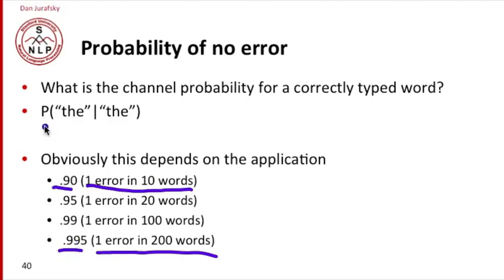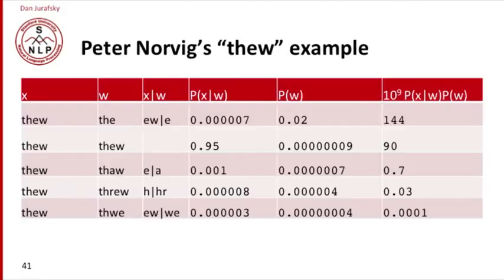So there's our channel model probability of a word not changing. Let's assume that the channel model of a task has a probability of 1 in 20 of an error, meaning that 95% of the time a word is correct as typed.